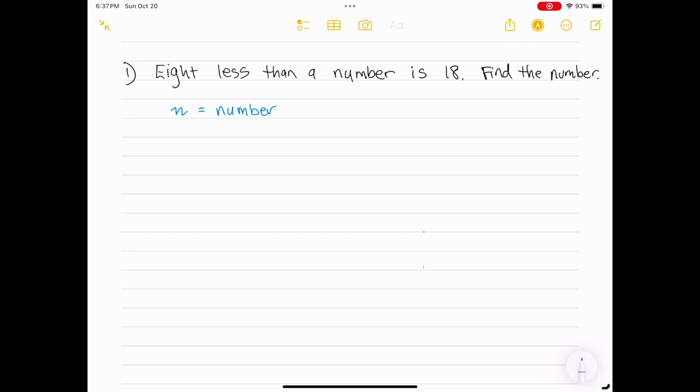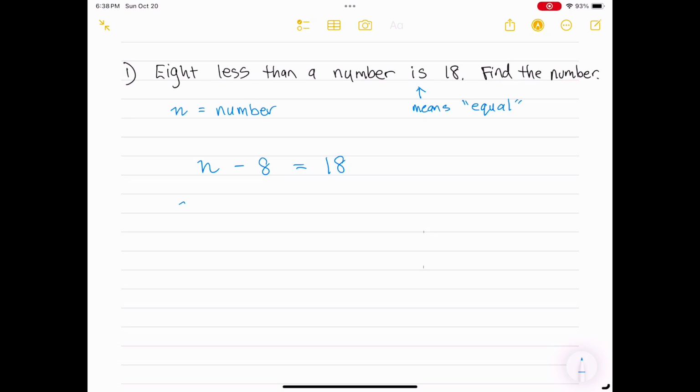As I reread the problem, the number is means equal. So you always write an equal sign when you see is. In this case, 8 less than a number is 18, so I will start by writing equals 18. And 8 less than a number can be written as n minus 8 equals 18.